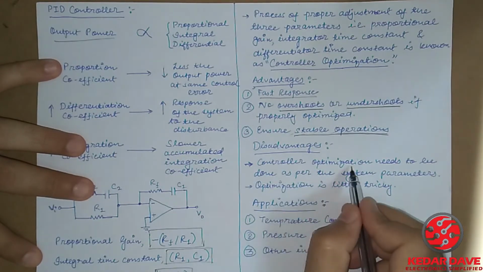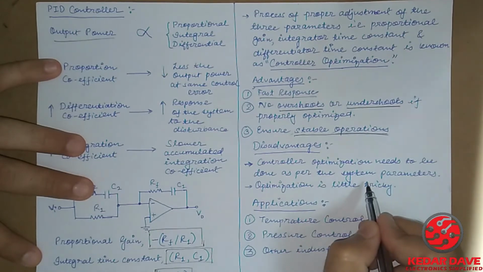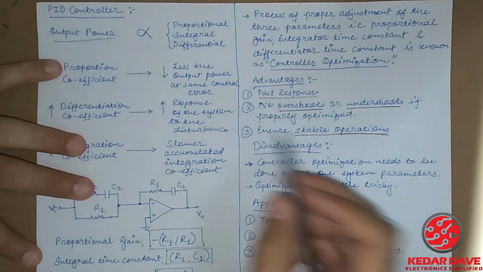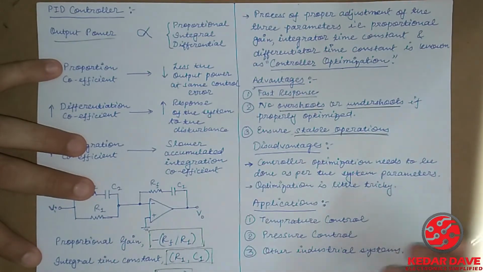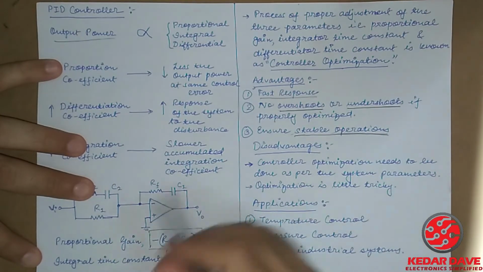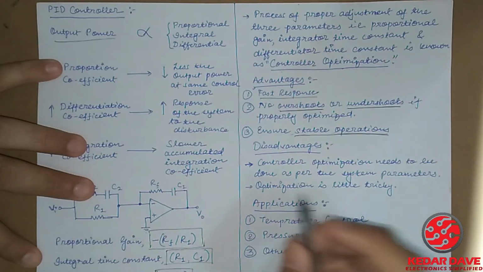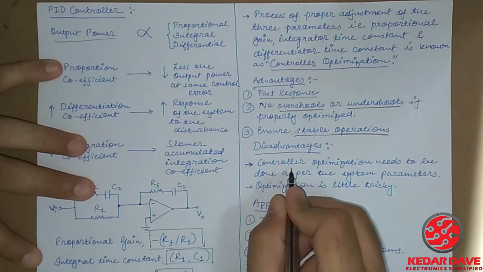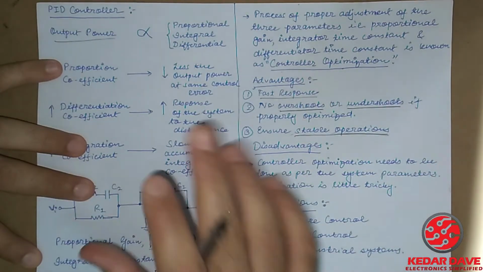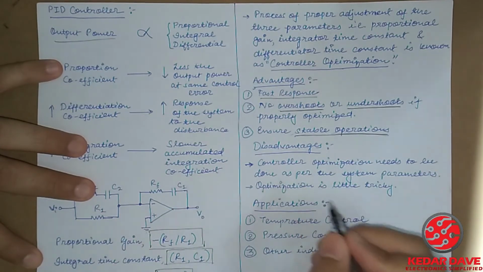Let's see: controller optimization needs to be done as per the system parameters. As you can see, the system does not persist beyond a particular range, and if you keep increasing the values, that should not be allowed, or the system will not persist for this optimization. So you need to take care of these parameters within a particular range, or whatever the circuit is designed to perform for.